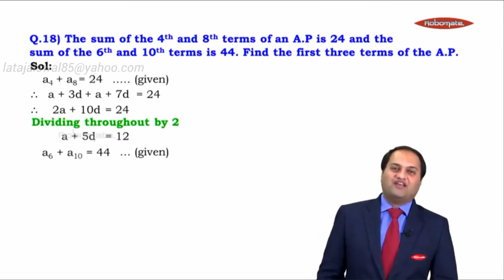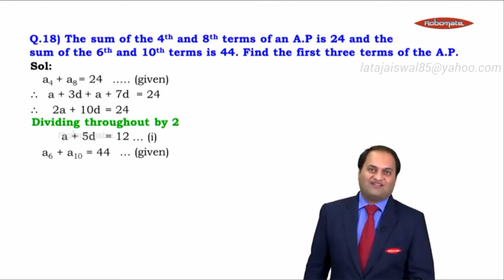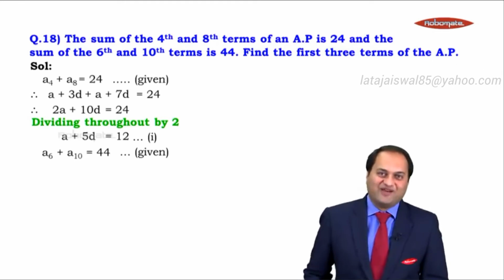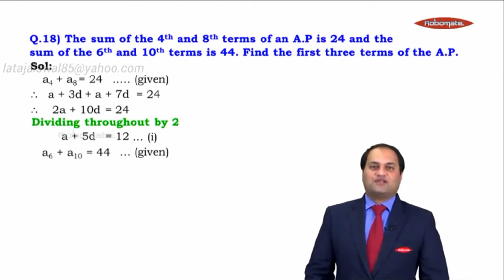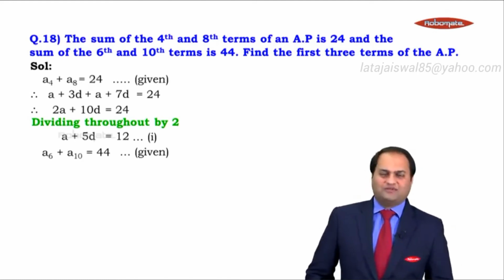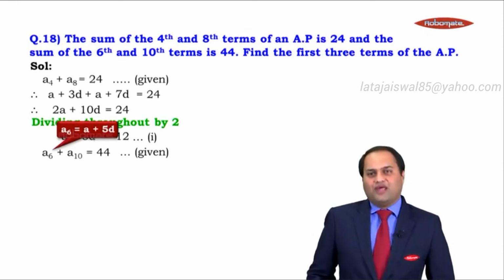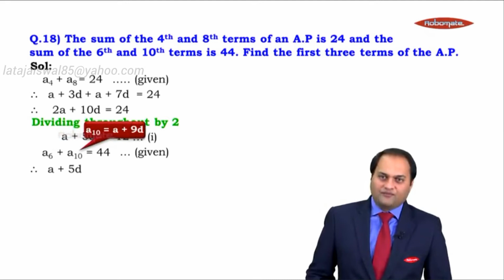So now we are getting the equation in its simplest form. Let this be equation number 1, linear equations in 2 variables. Moving on to the second condition, A6 plus A10 is equal to 44. What do we do? Repeat the same steps again. A6 will be A plus 5D, A10 will be A plus 9D, right?